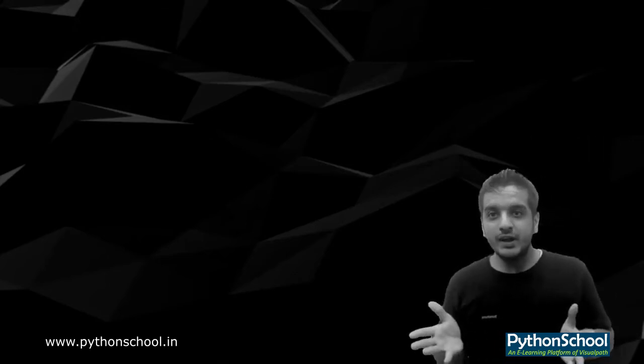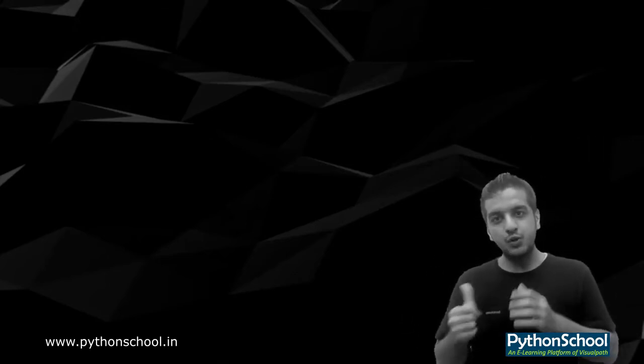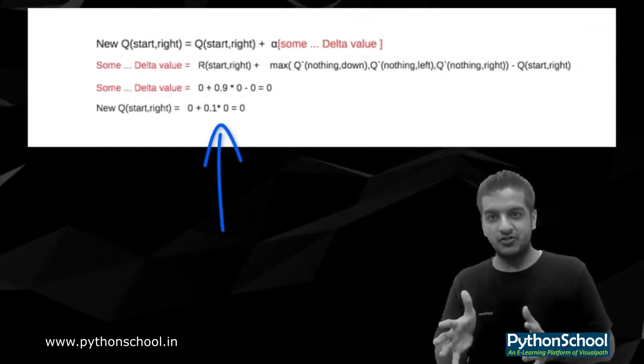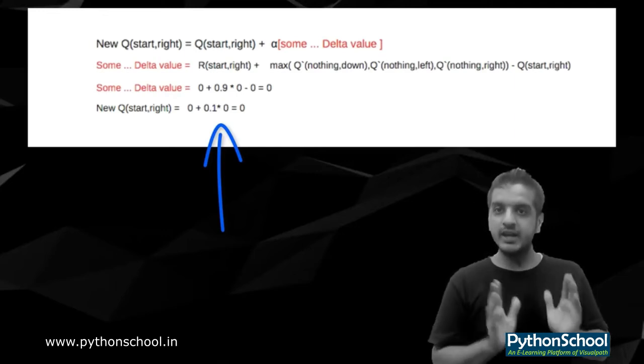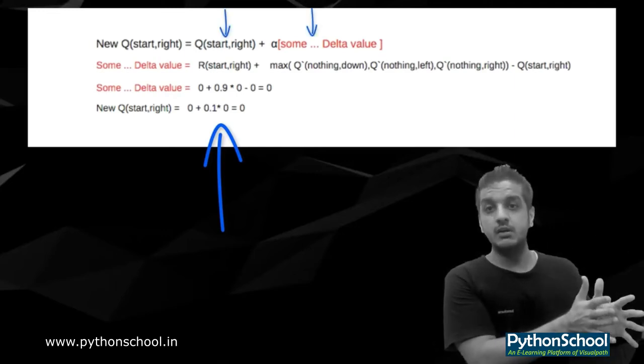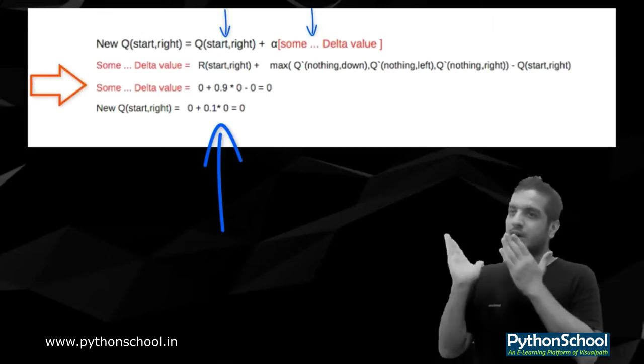To evaluate the Q value and update the Q table at this particular state, we will use this formula. The new Q value at this particular state is equal to the current Q value plus some learning rate times the delta term. Now what's this delta term? This delta term is computed like this.